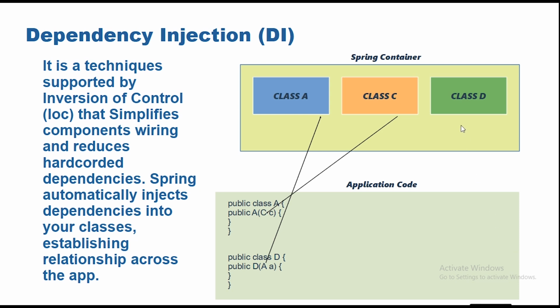Here we have the Spring container, and without having the dependency and the bean inside the Spring container, Spring will not be able to sense it and will not be able to manage it. By having it in the Spring container, Spring can manage it.